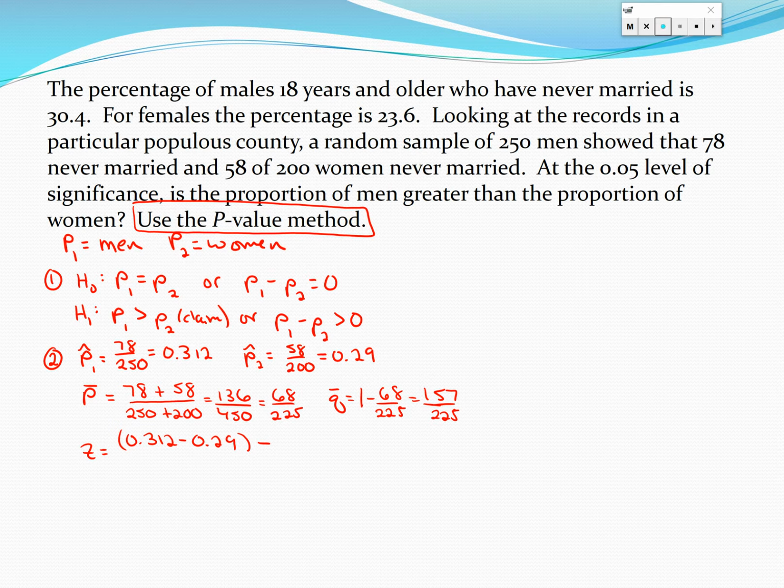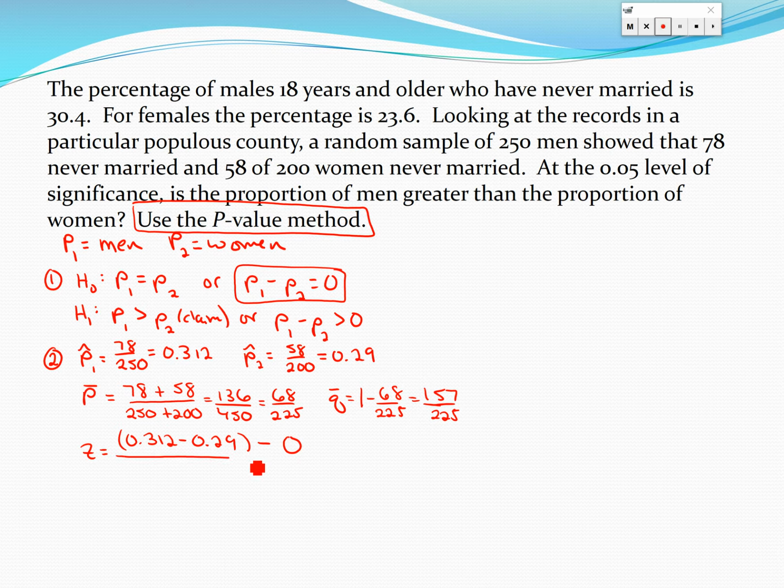Again, those are the population proportions. We don't have those. The information we're given would be from a previous study. If we had the actual population proportions, we wouldn't be doing a hypothesis test to see what they might be. Okay, so we don't have those. We want our hypothesized difference. Our hypothesized difference is 0.